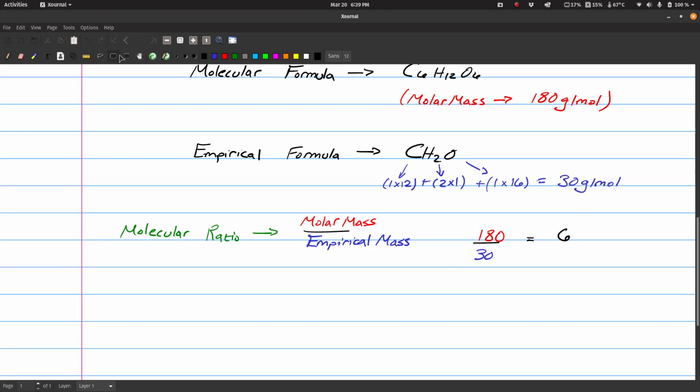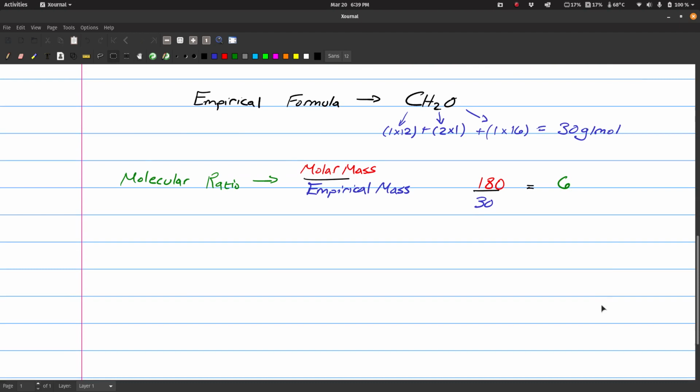So now we have our molecular ratio times our empirical formula. This is going to give us our molecular formula.